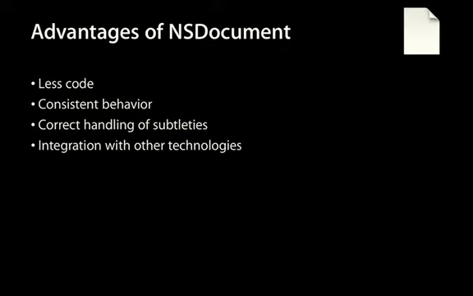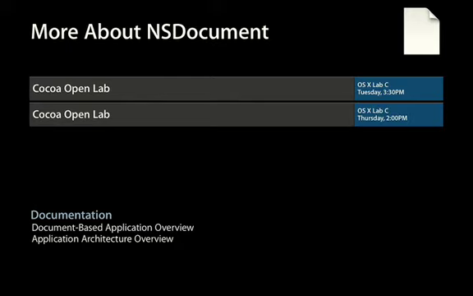And finally, if you're also using Core Data, NSDocument integrates well with Core Data through the NSPersistentDocument subclass. You can go to either of the two Cocoa Open Labs to learn more about NSDocument, and ask any questions that you might have. And for documentation, you should start with the document-based application overview and the application architecture overview.